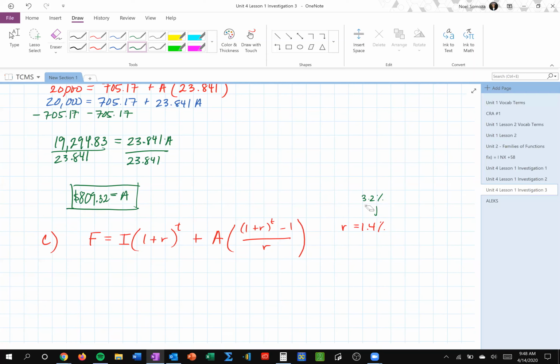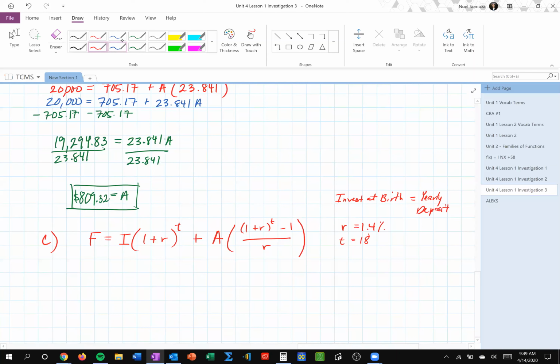The other thing is the time. Now we know that it's for sure 18 years, right? They told us that in the problem. And then they're telling us that whatever they invest at birth is going to be the same as their yearly deposit.